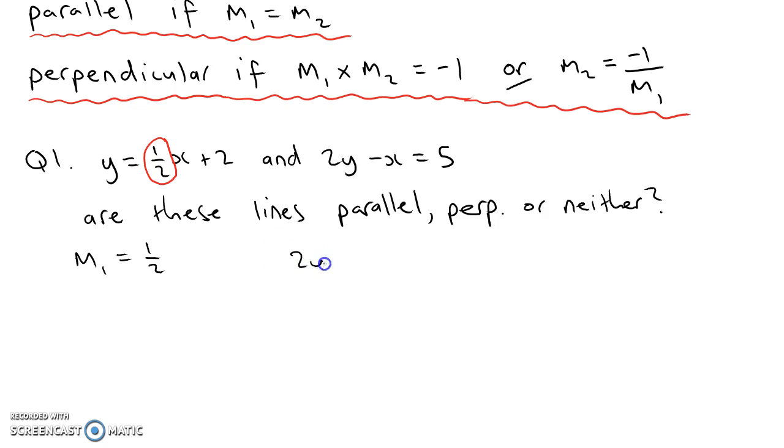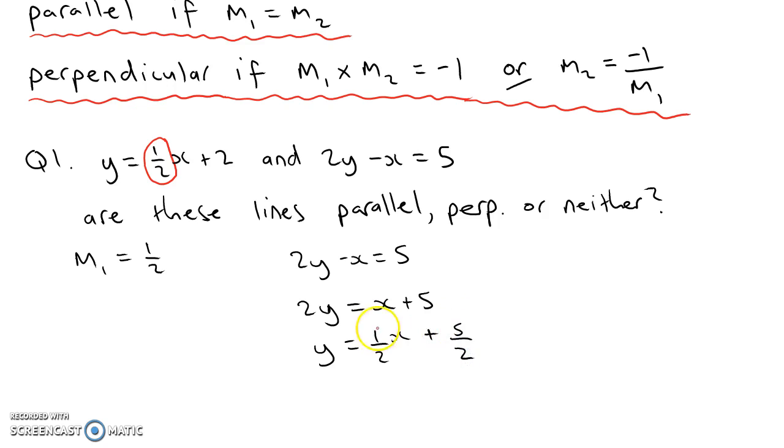So we've got 2y minus x equals 5. If we rearrange that, add x to both sides, 2y equals x plus 5. Divide both sides by 2, y equals x over 2, or in other words, a half x, plus 5 over 2.